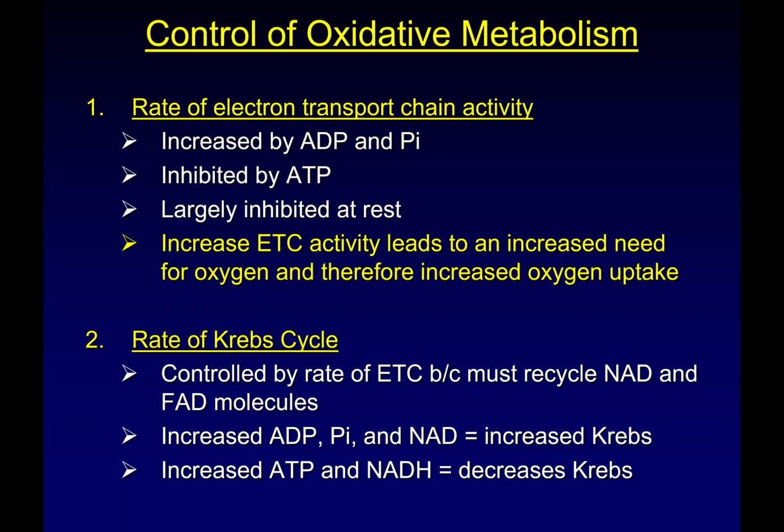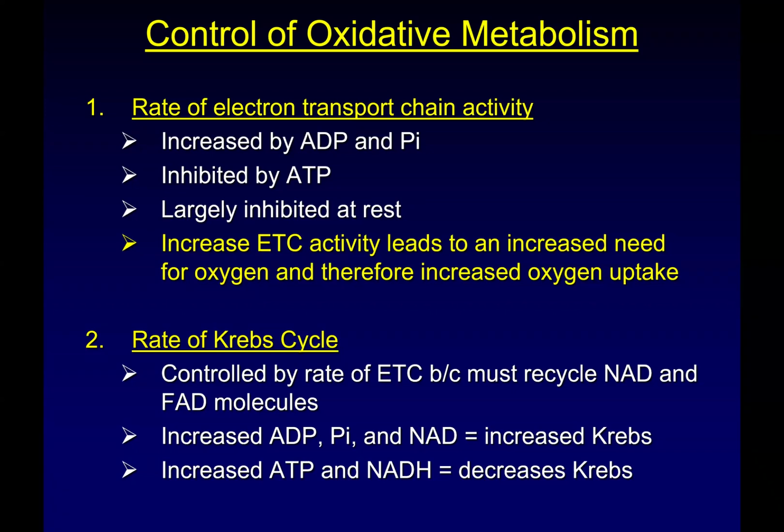So at rest, the electron transport chain is generally inhibited. It's inhibited by high levels of ATP. So it's at its slowest rate at rest. Like everything else, when you turn over ATP, you make ADP, that begins to activate the electron transport chain. And that's going to lead to then our increased need for oxygen.